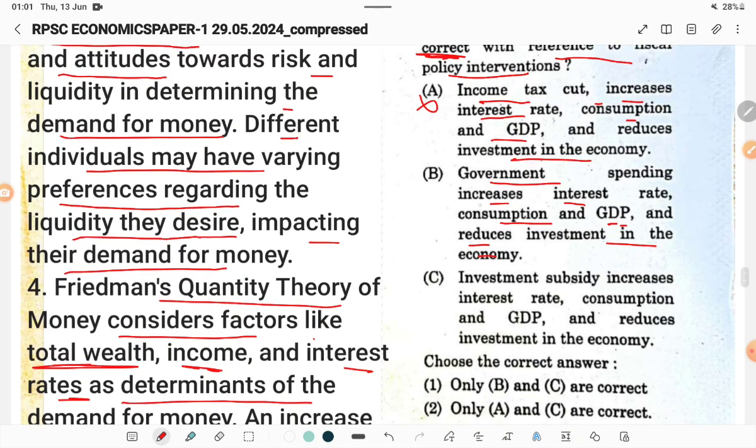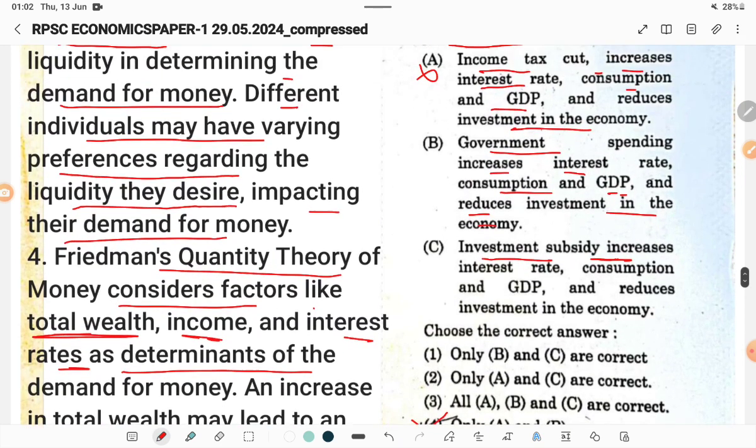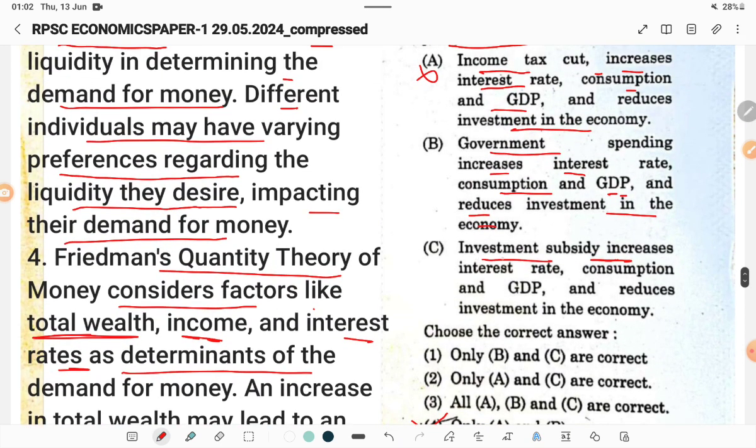Now the third statement: investment subsidy increases interest rate, consumption, and GDP, and reduces investment in the economy.